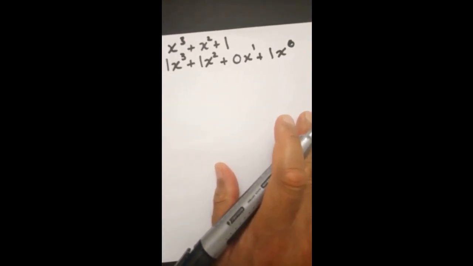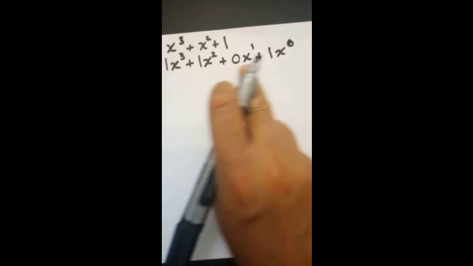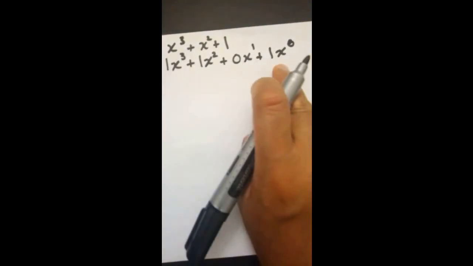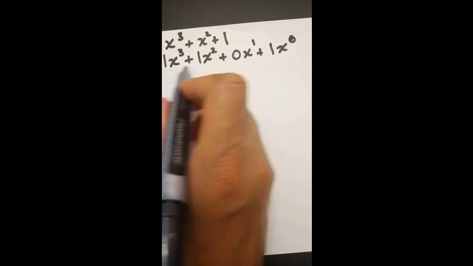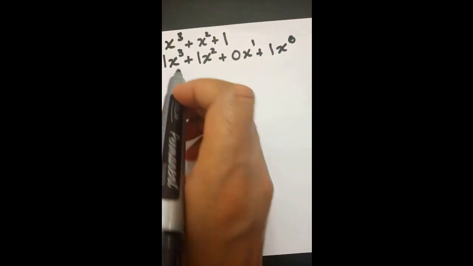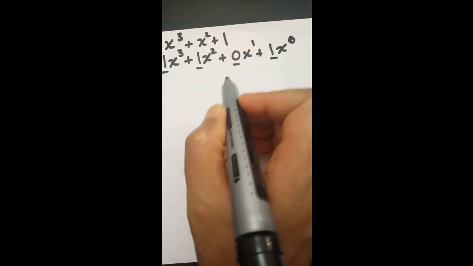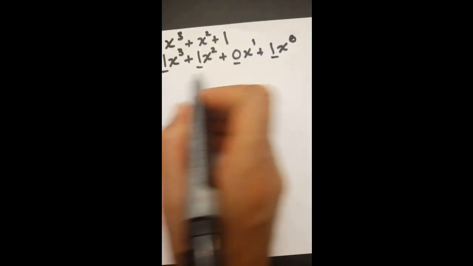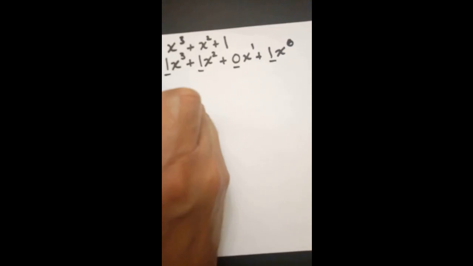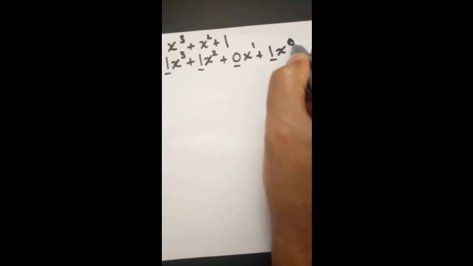So now you see in this standard form, we have the algebraic equation. The coefficients are actually the bits of the generator, and the power is simply the location of those bits.